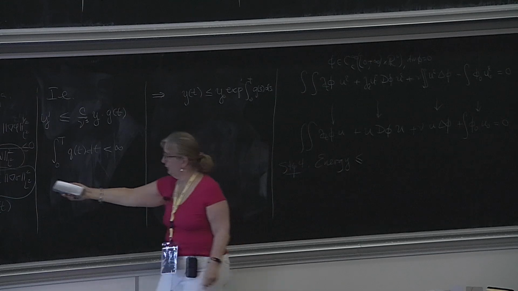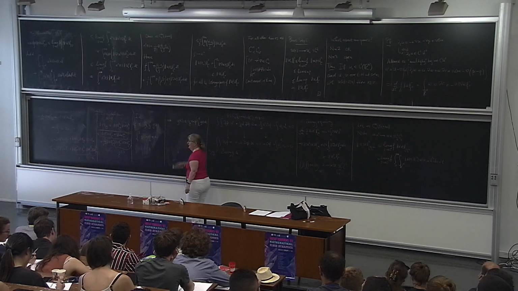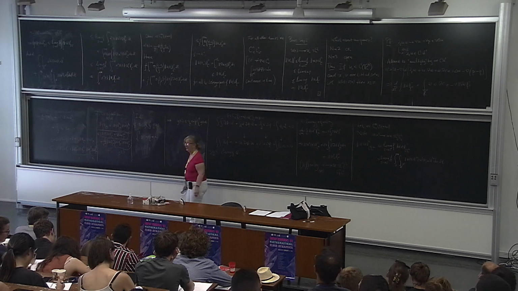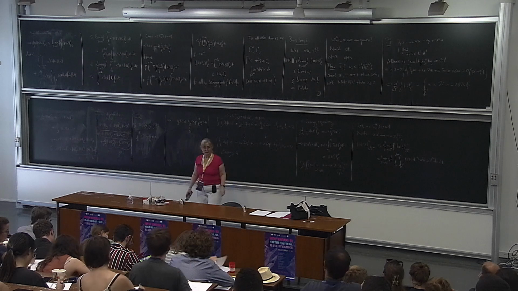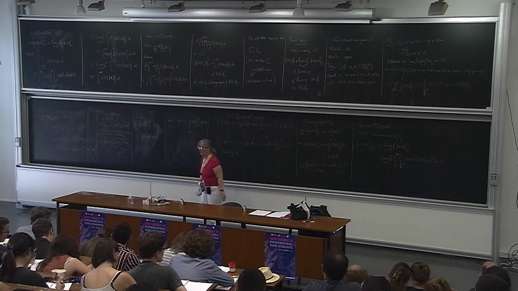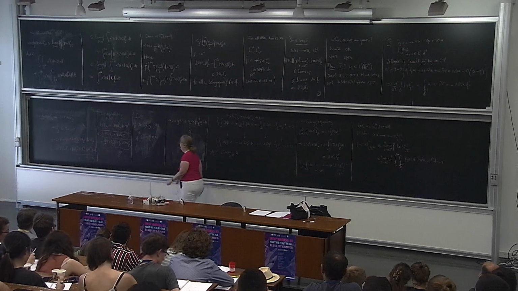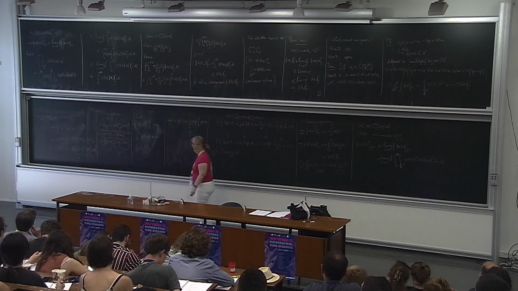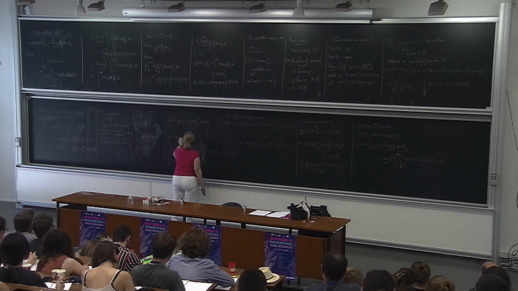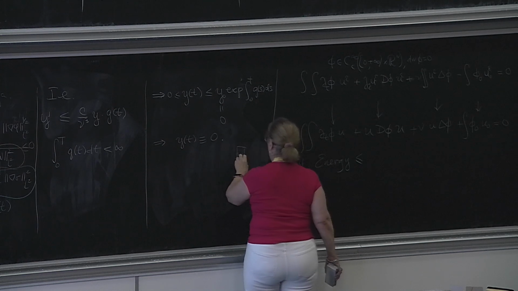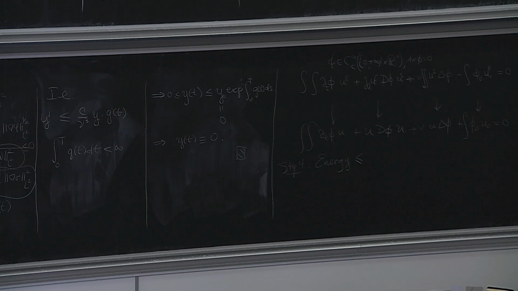So this is integrable in time and this is bounded. Okay, and y naught is 0. So y of t is less than or equal to 0, but y of t is the square of the L2 norm of w, so it's also greater or equal to 0, and therefore y of t is equal to 0. Which is what we wanted, so w is 0, and therefore you have uniqueness. Okay.